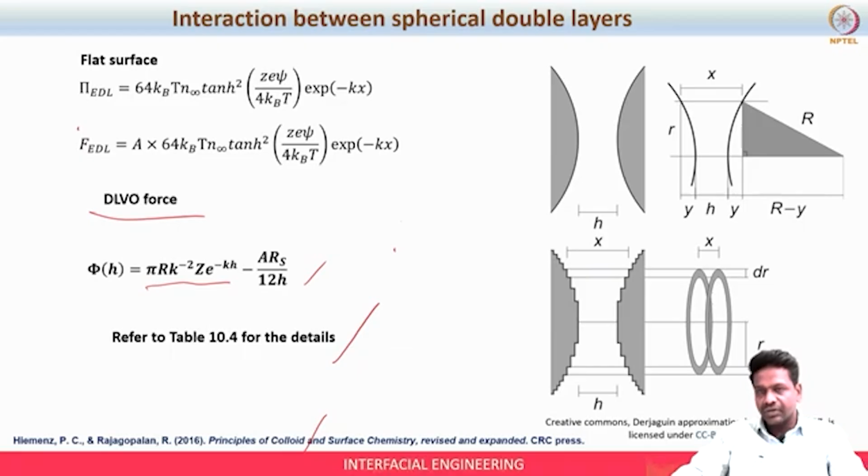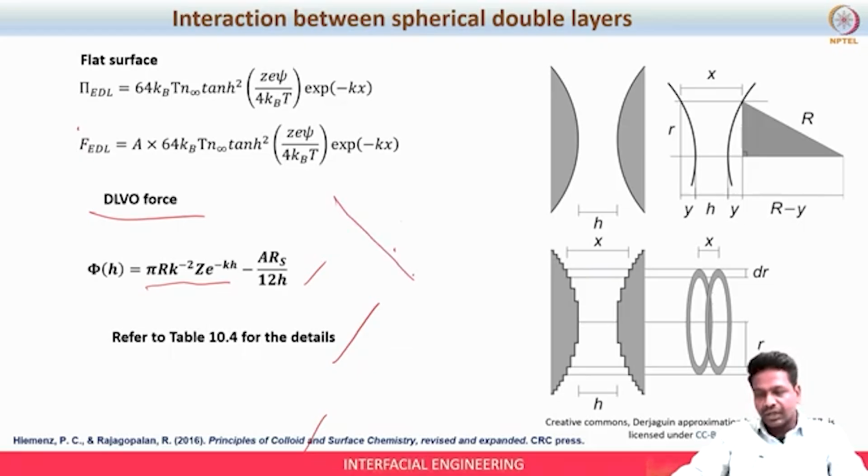So this is the van der Waals attractive energy between two spherical particles, and this one is the electrostatic repulsive energy between two spherical particles. The sum total of this is going to be your DLVO.